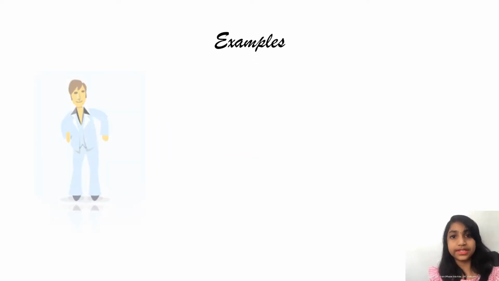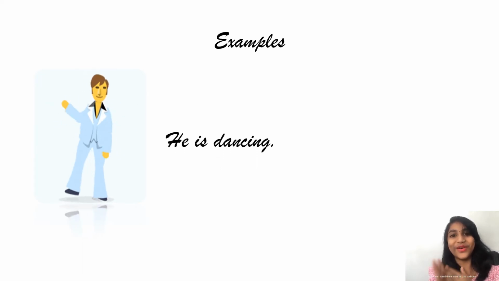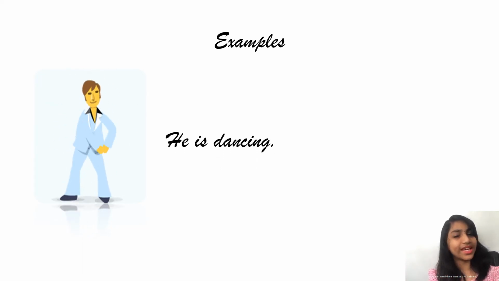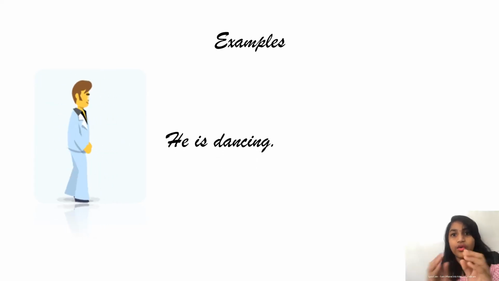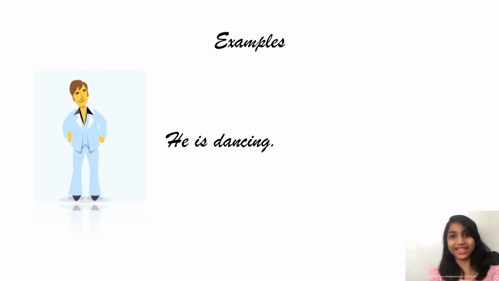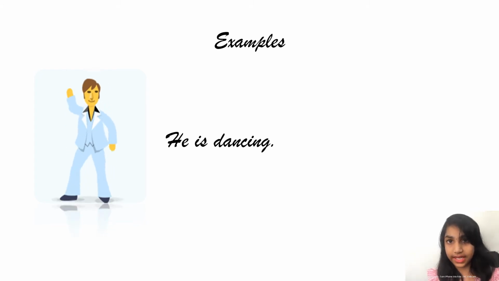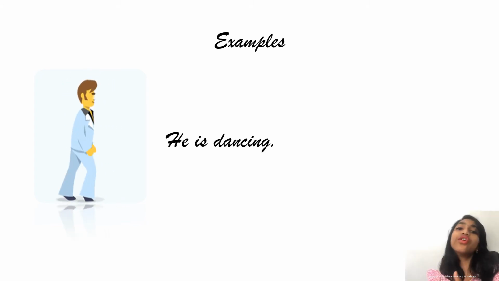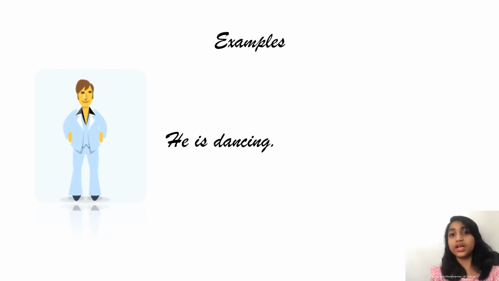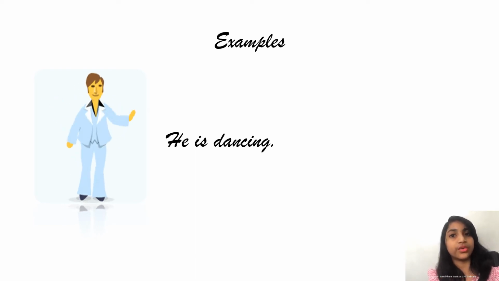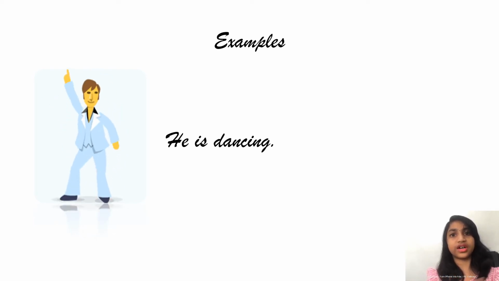Examples. Okay, what is this man doing? He is dancing. Over here, if we look closely at the sentence, he is a third person singular. So what word should we use? Am, is, or are?